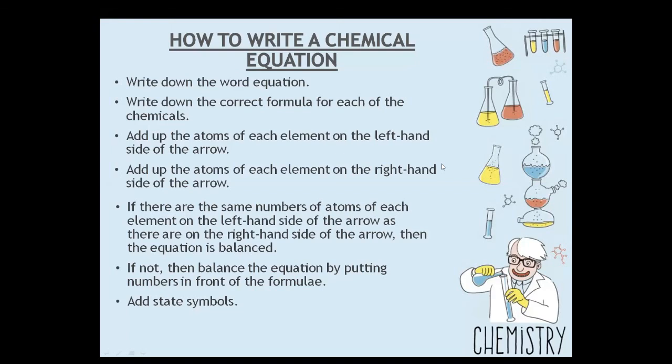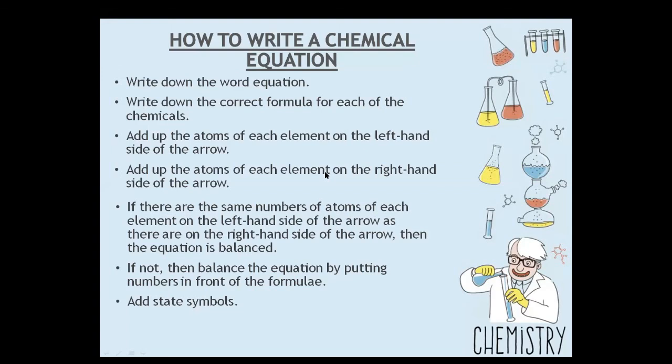Again, I am repeating: write down the word equation first, write down the correct formula for each of the chemicals, add up the atoms of each element on the left hand side of the arrow, means the reactants, then add up the atoms of each element on the right hand side of the arrow, these are the products. If the number of atoms in the reactants and the products are the same, it means the equation is balanced.